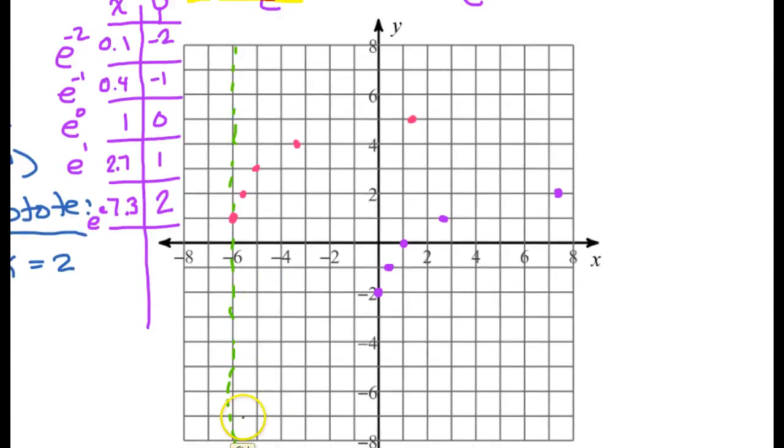And that will be a pretty decent approximation.